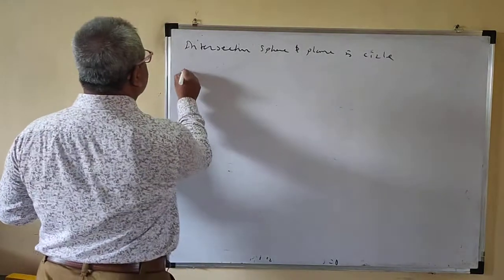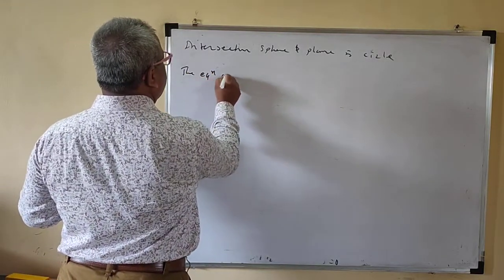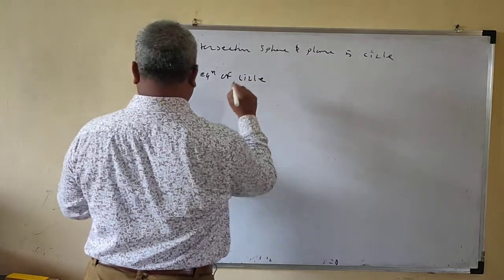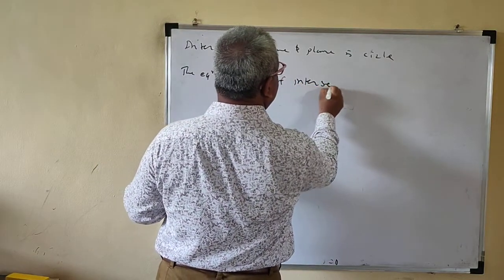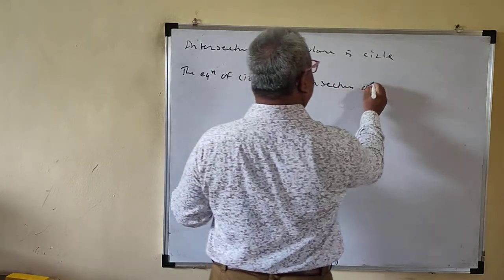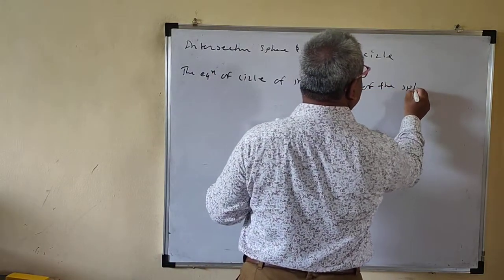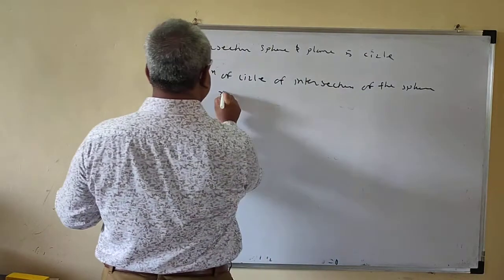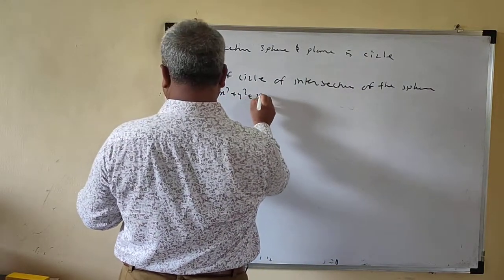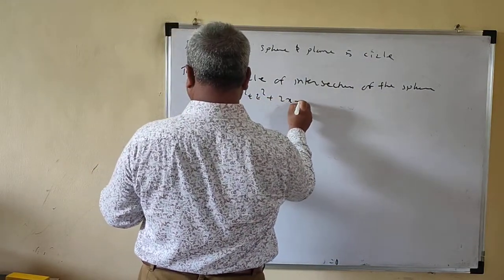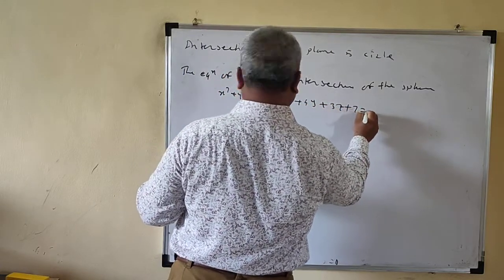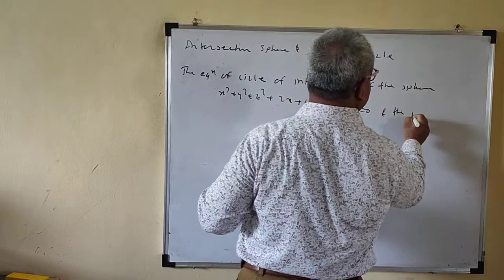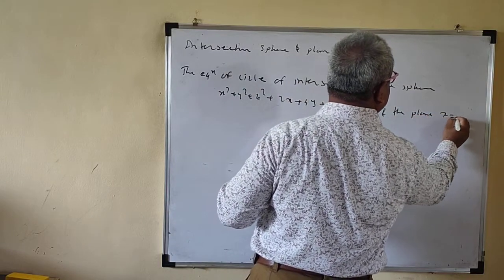Okay, the equation of the circle of intersection of the sphere x square plus y square plus z square plus twice x plus 4y plus 3z plus 7 is equal to 0, and the plane z is equal to 0.